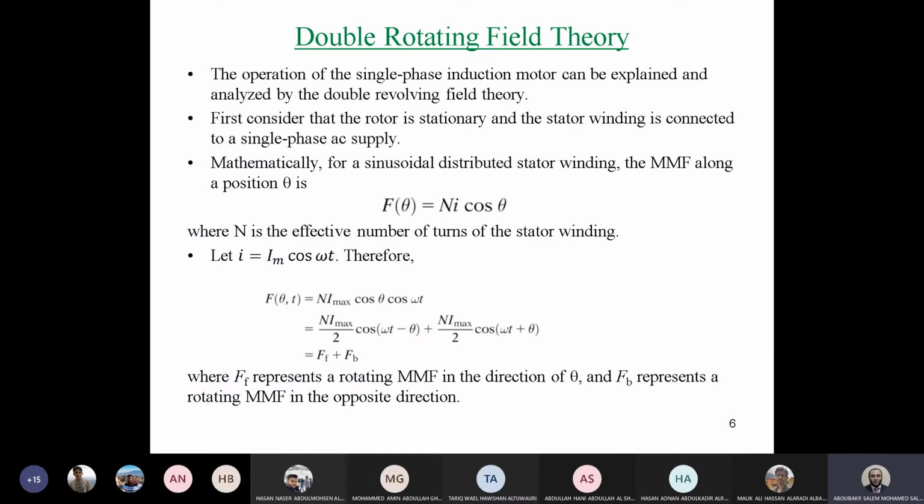Also, we discussed the double rotating field theory. If we supply any single phase machine with a single phase AC supply, we will have a flux of two components. One component is called forward flux, at angle omega t minus theta, and another is called backward flux, as a function of angle omega t plus theta.